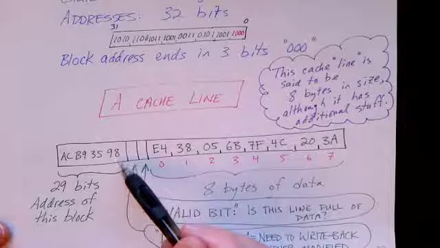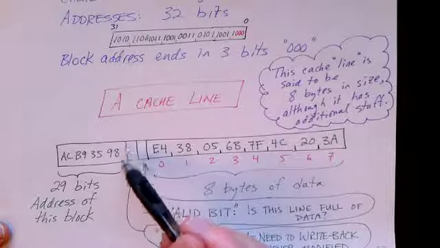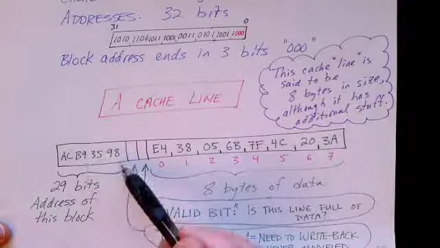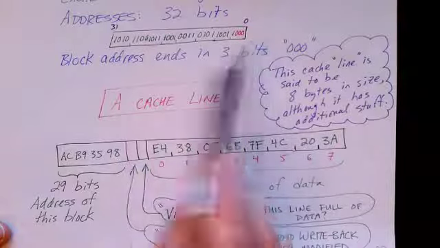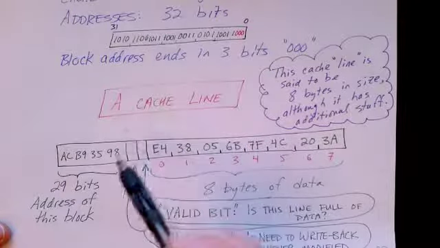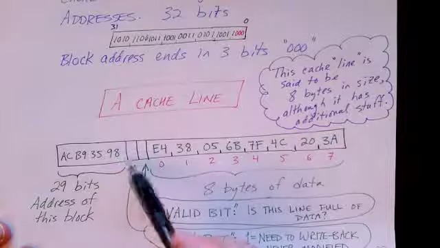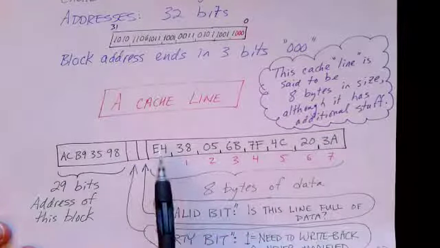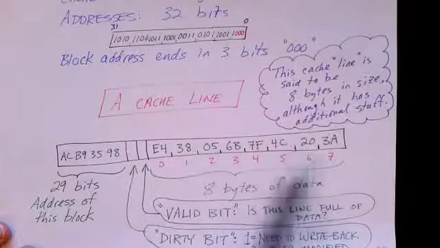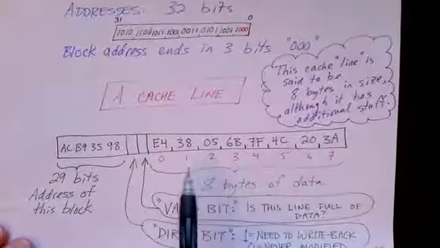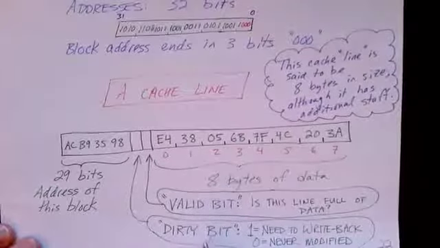So we might not actually need to store those last 3 bits because they must always be 0. So we might actually only store 29 bits and not all 32 bits. So in any case, we have the address of the block, and then the addresses of the bytes within that block are implicit. We don't need to store anything there. We've also got the dirty bit.